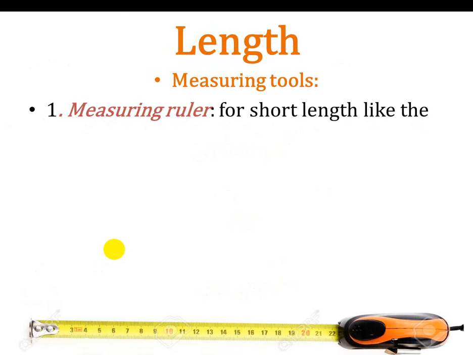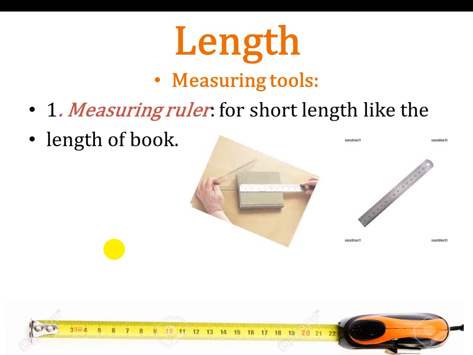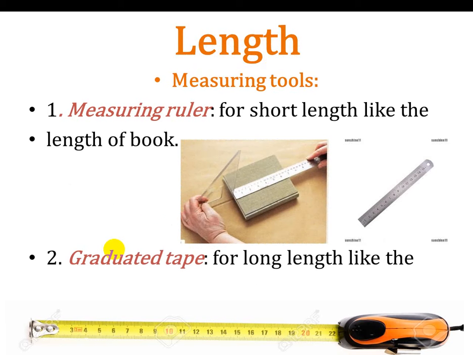The first one, the measuring tools. The other one, the measuring units. So the first one, the measuring tool of the length, is a measuring ruler. And it's used for the short length, like length of a book. And if I have a longer length, I will use graduated tape. And this is like the length of your classroom, and this is the shape of graduated tape.